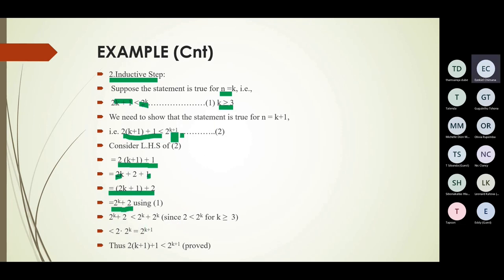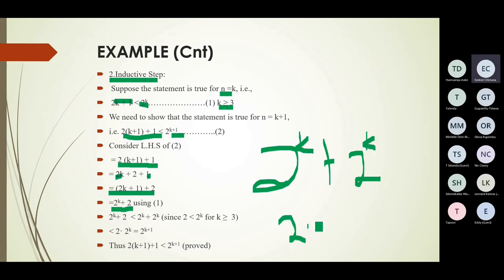we know that our right hand side is 2 to the power k plus 1. 2 to the power k plus 1 is just the same as 2 to the power k plus 2 to the power k. It's just the same as what?